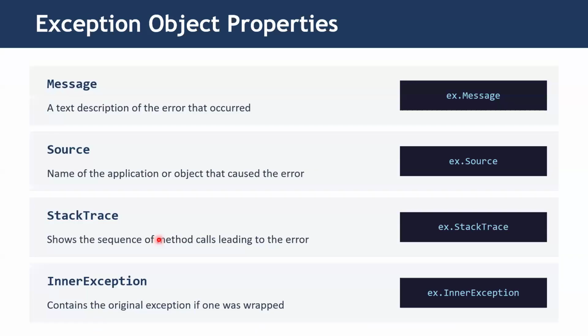So there are lots of examples of the ex, as I said, it is just a name. There are lots of things we can do with ex. You can find out what kind of error it is using ex.message. You can find out where the source of the error is coming from using ex.source. You can trace the error using ex.trace, or you can find the exception that is wrapped around it, like the name of the exception.